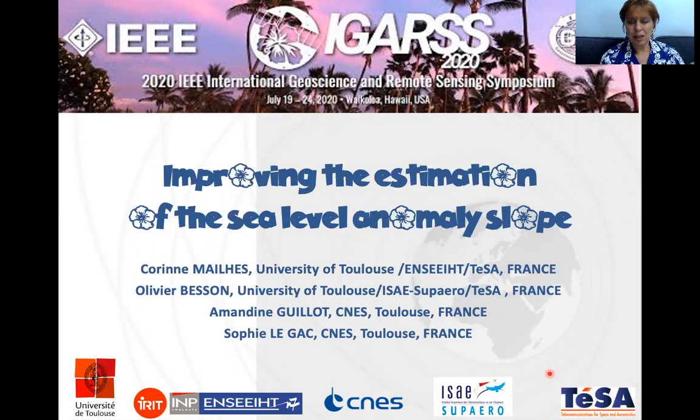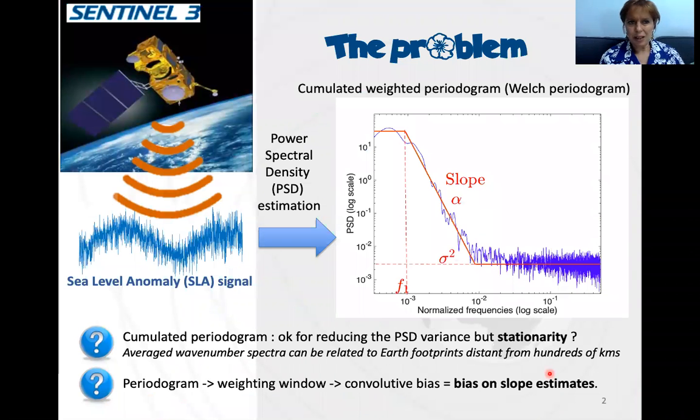This work is about the estimation of the sea level anomaly slope. Satellite radar altimetry provides data that can be useful for ocean monitoring, such as sea level anomaly signals, which I will call SLA in the following. The spectrum of this data is widely used to analyze different quantities, such as the energy cascades between large-scale, mesoscale, and submesoscale dynamics.